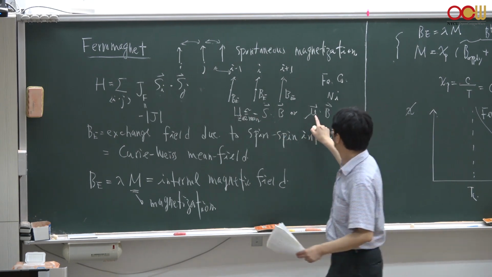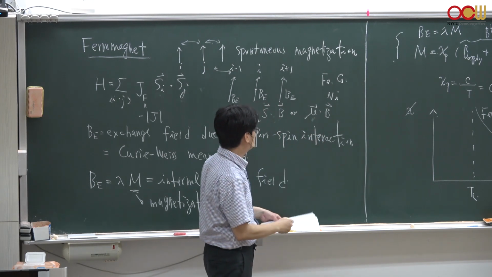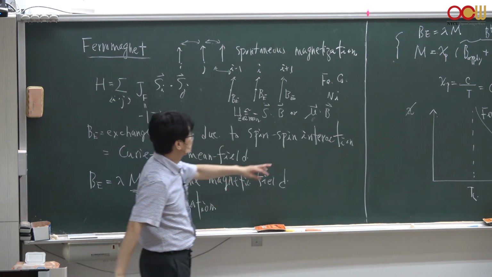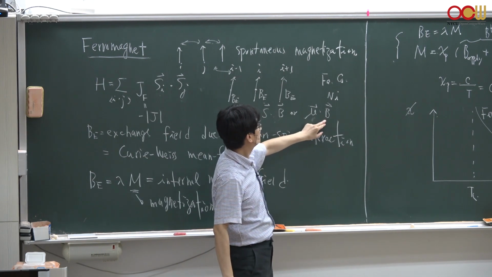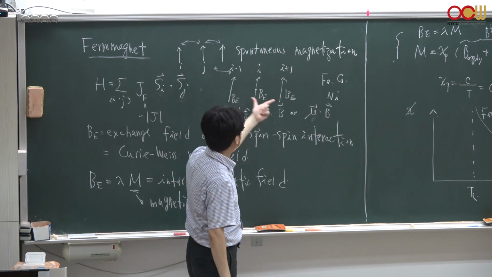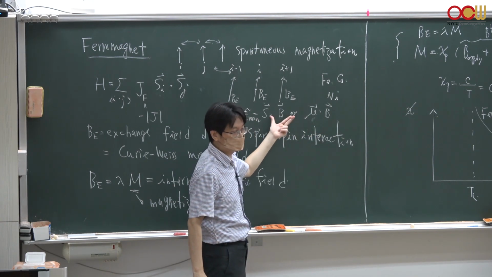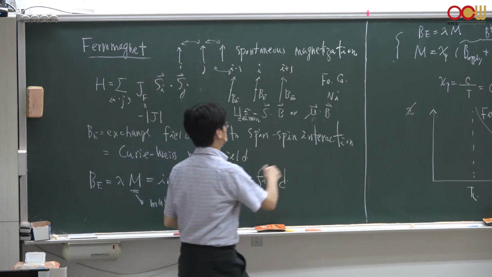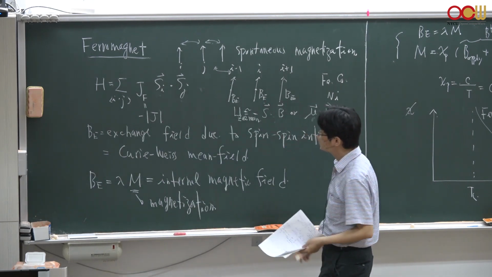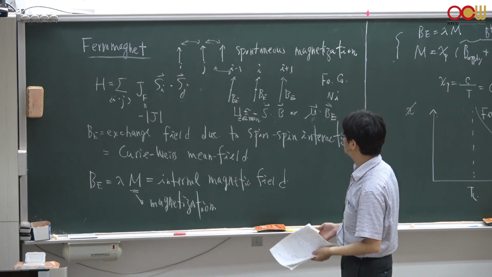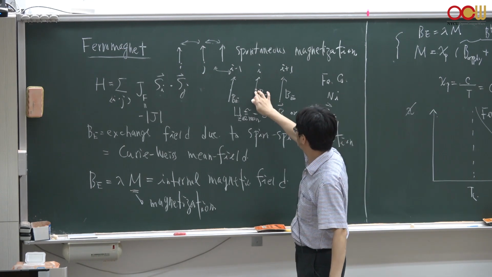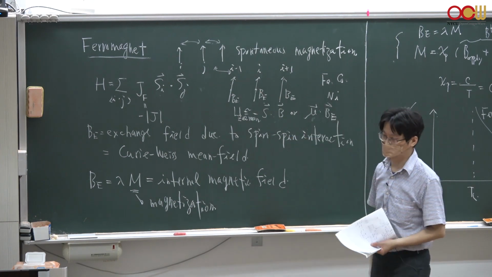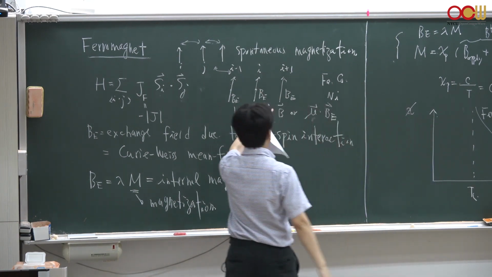And the Zeeman term is a coupling between the magnetic field and the spin moment, magnetic moment. So the spin on the neighboring sites plays the same role as the magnetic field in the Zeeman form. So we call this B field the exchange field, which is the effective field applied to some specific site with a spin moment, that contributes from the neighboring spins.